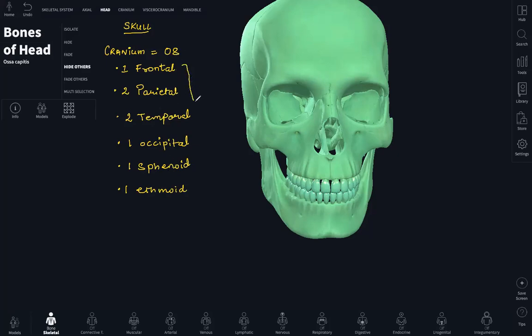Now, out of these 8 bones, 6 of them are external, visible from outside, and these are internal.